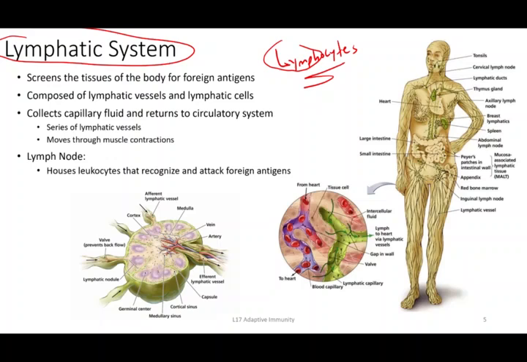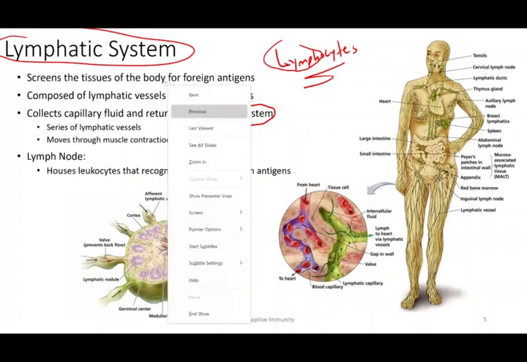And so most people are very much aware that we have a circulatory system that is carrying our blood throughout our body. And so as that blood reaches our tissues at a location called capillaries, there is fluid that leaks out.